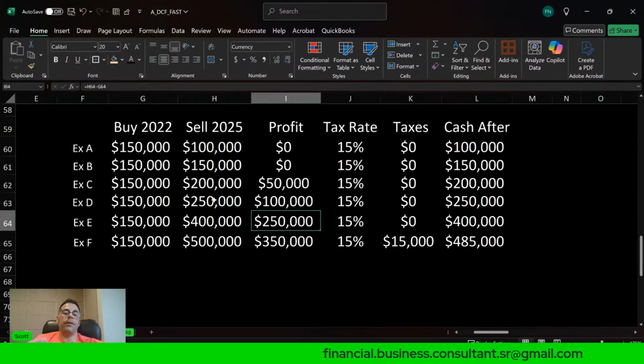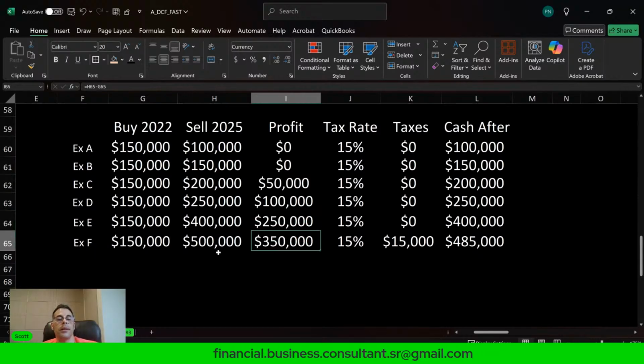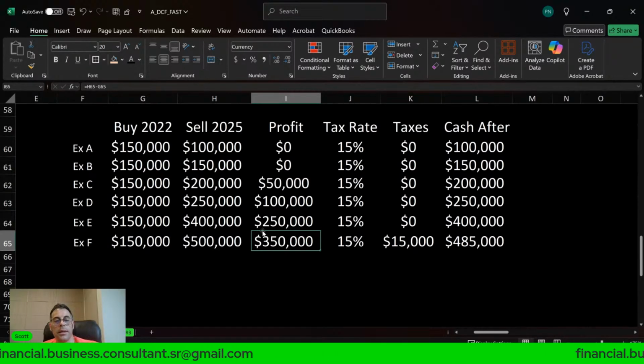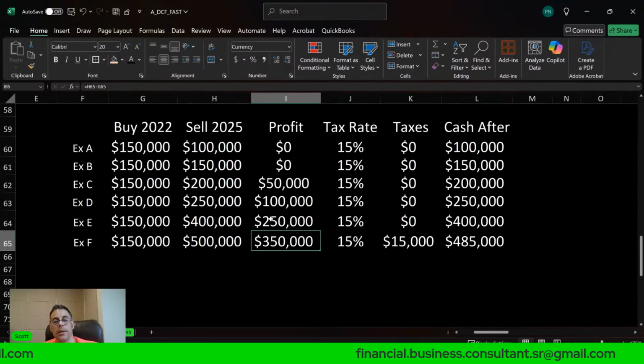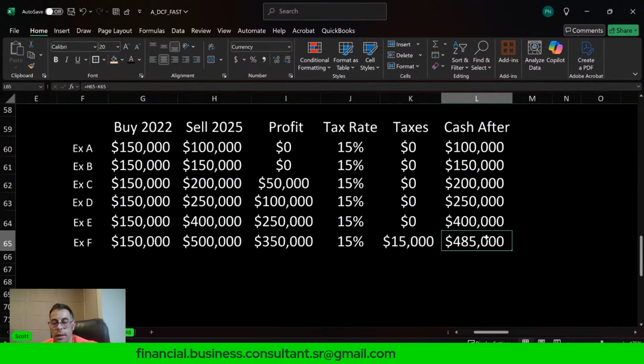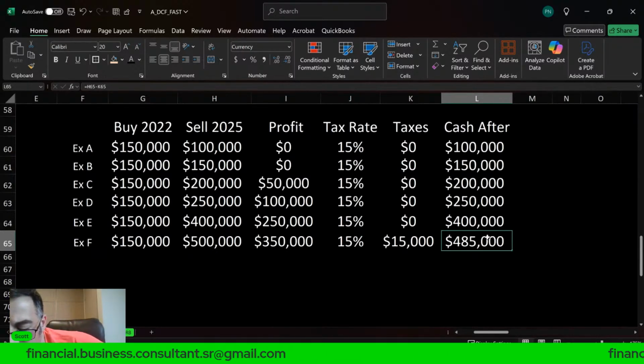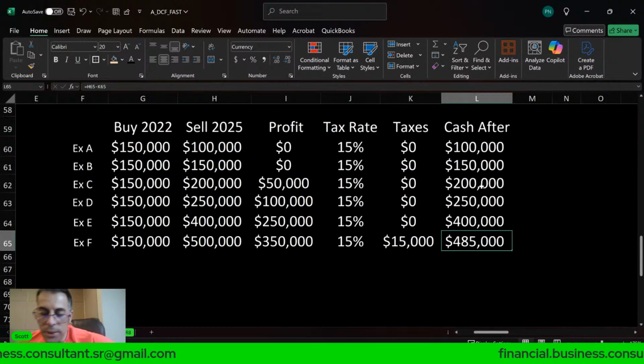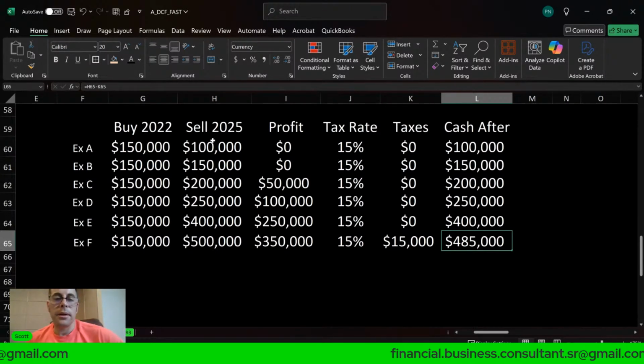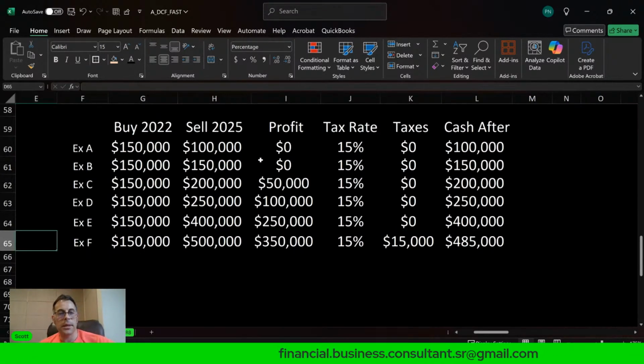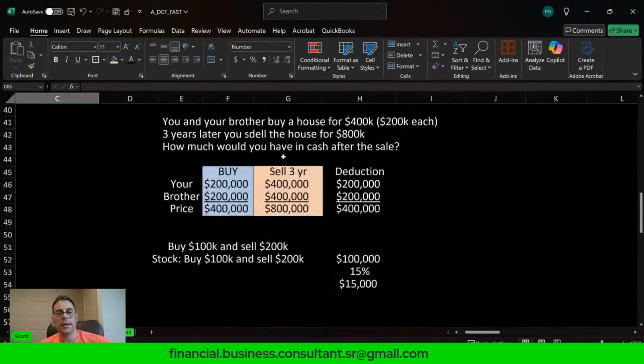But once you go over 250, say you sold it for $500,000, then you have to pay taxes on only $100,000. Okay. Well, no one's really responding, so I just want to make sure this is sticking, making sense.